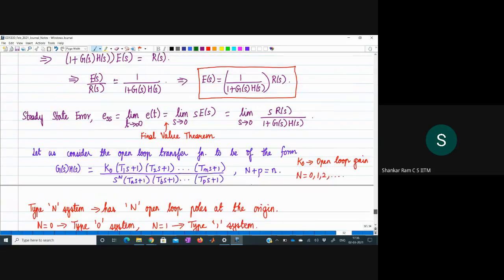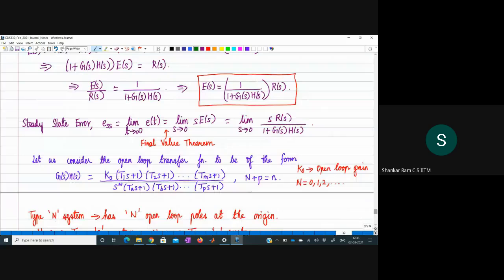Suppose capital N is 0, so this term is not there. Now, what is KPE? We need to take the limit s tending to 0 of G of s H of s.